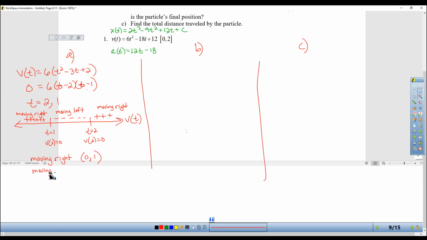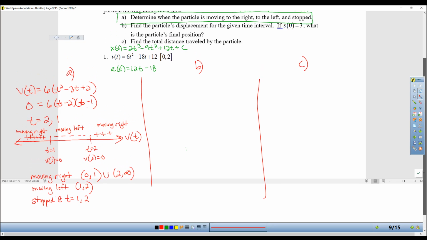It's moving to the left from 1 to 2, and then it's moving to the right again from 2 to infinity. It is stopped at t is equal to 1 and 2. So I've answered all of question A just by using the velocity equation.